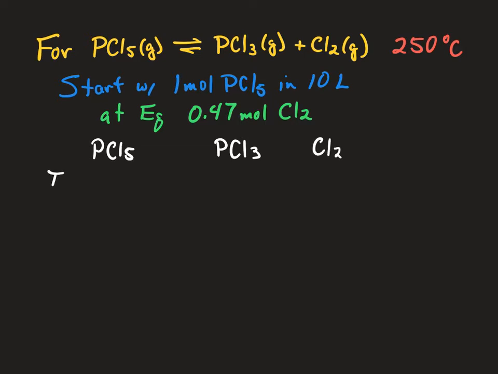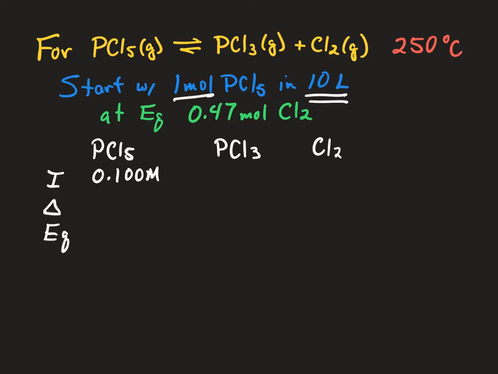We can look at the initial concentration, the change in concentration, and then figure out what's at equilibrium. Now we have to remember we're in 10 liters, so 1 mole divided by 10 liters is 0.1 molar. And I think the problem was given with 3 significant figures.